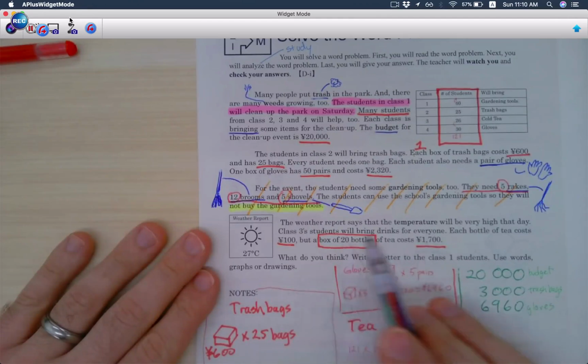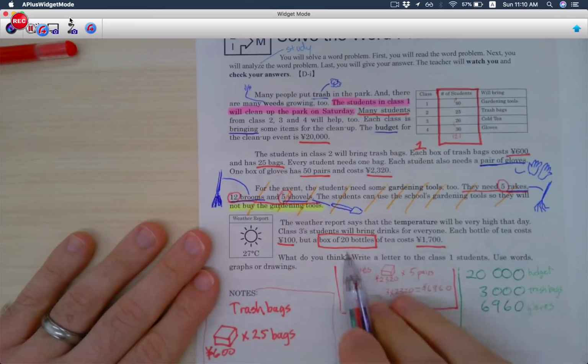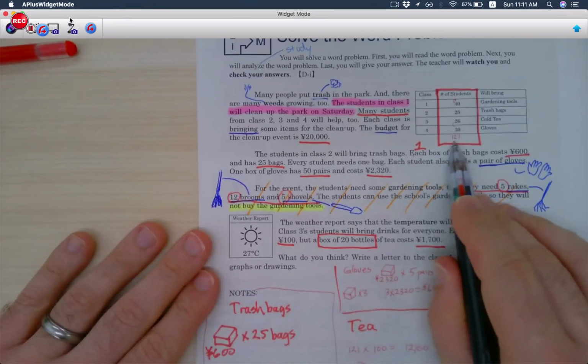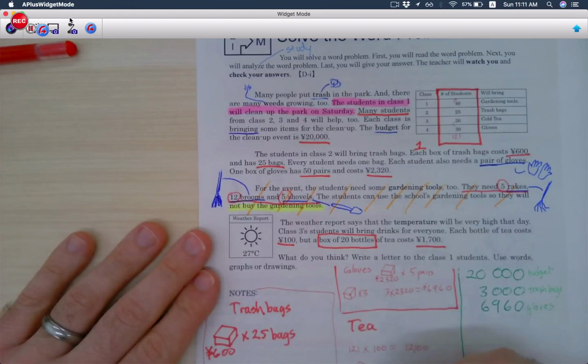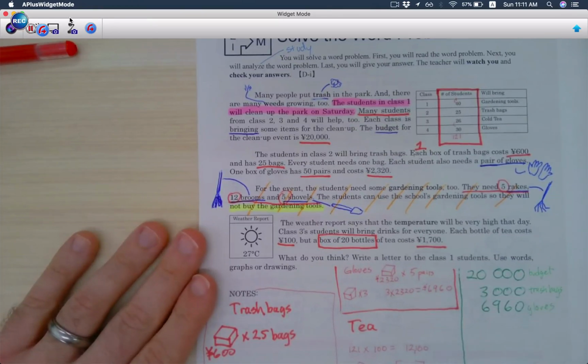Let's check this. If it's a box of tea and there are 20 bottles in one, I could buy 6 boxes. And if I buy 6 boxes, then I will have 120 bottles. Then I could buy 1 bottle for 100 yen. I think that's a better idea.